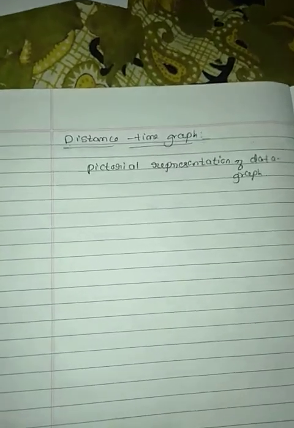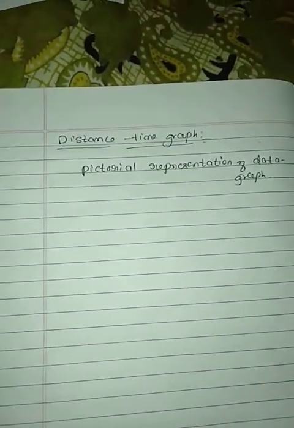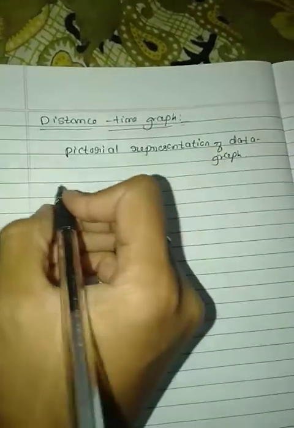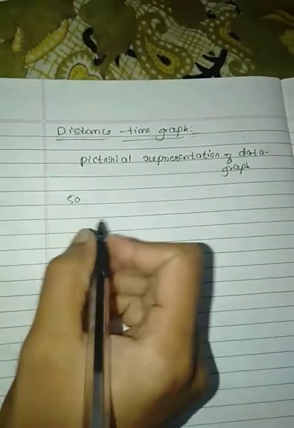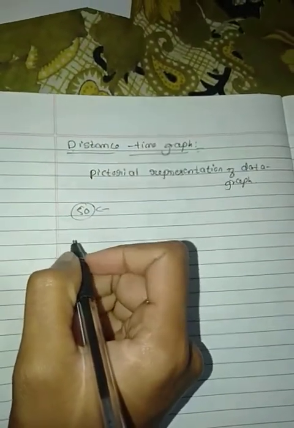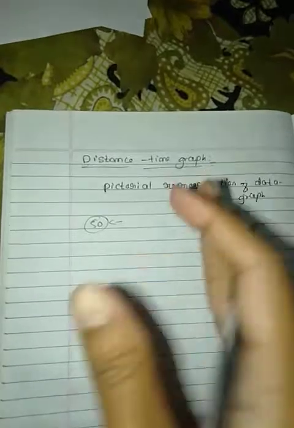So if I ask you which fruits you liked most, for example, in your class there are 50 students. I ask these 50 students which fruit they liked most.